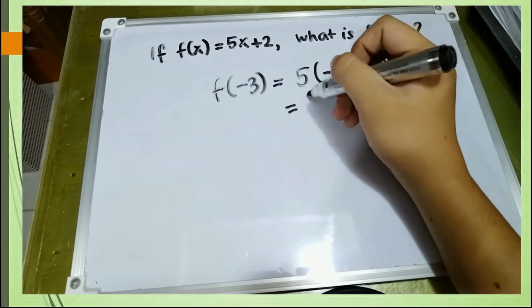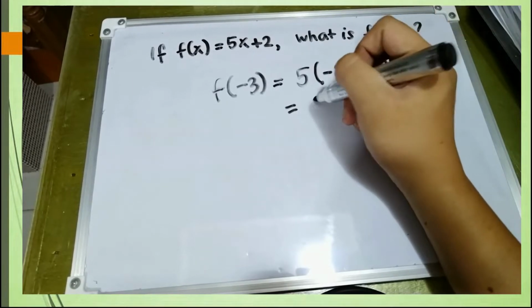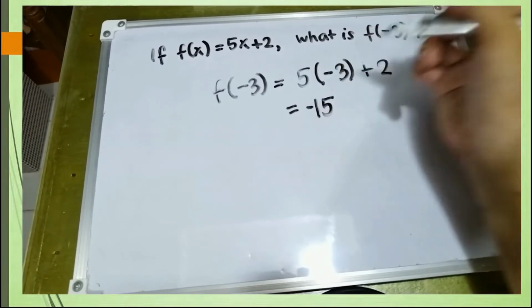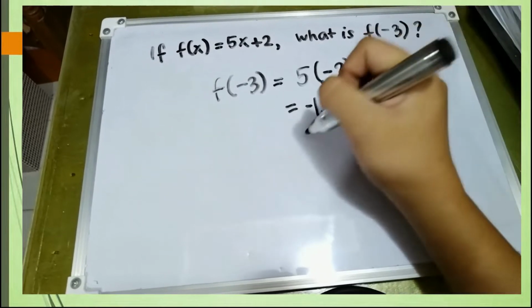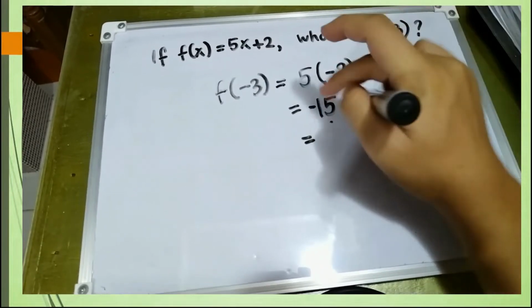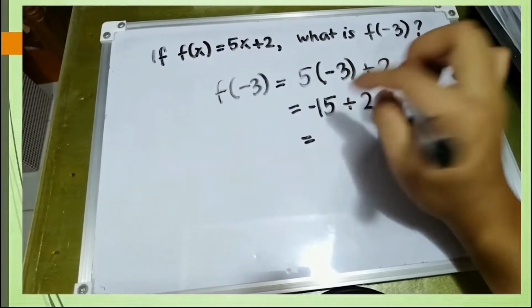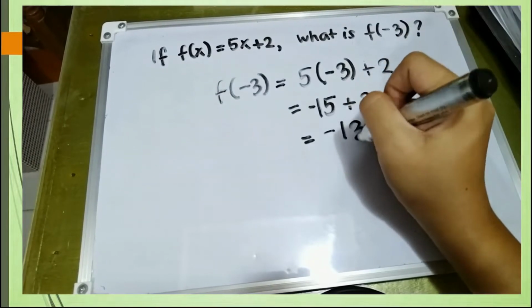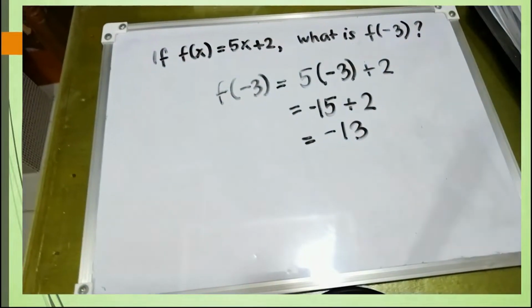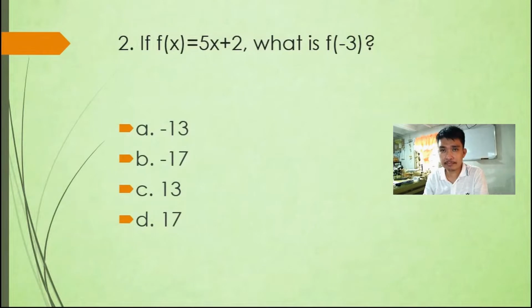So 5 multiplied by negative 3, that would be negative 15 plus 2. So negative 15 plus 2, that would be negative 13. Now the answer is letter A.